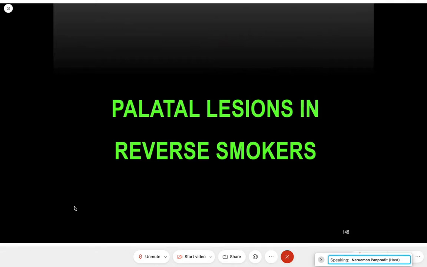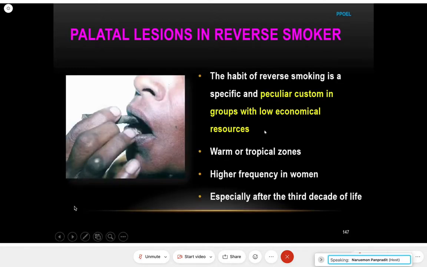Reverse smoker, what is it? The opposite side. Normally you put the unlit end in the mouth, but a reverse smoker puts the end with the fire into the mouth. Someone must do that, otherwise this condition would not exist. It is very rare, a lesion found in some groups in the world. They have a habit of putting the fire end in the mouth, so dangerous, with chemical and heat.